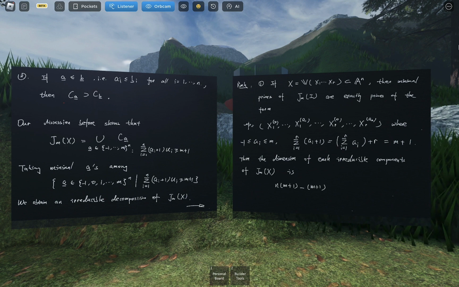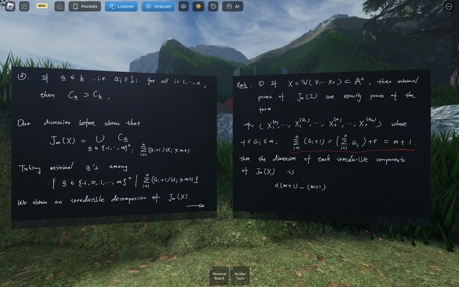This follows because in this case, all the prime ideals have the same height, like the number of generators here is given by this summation.